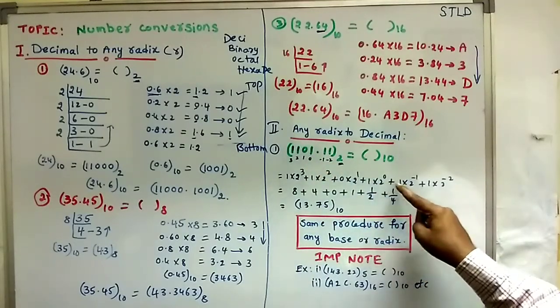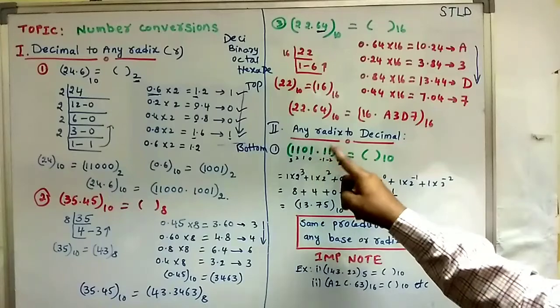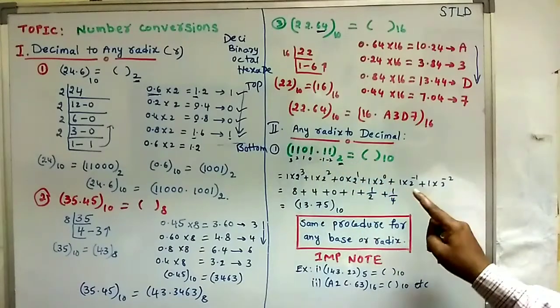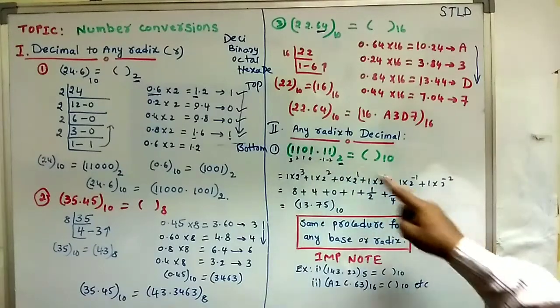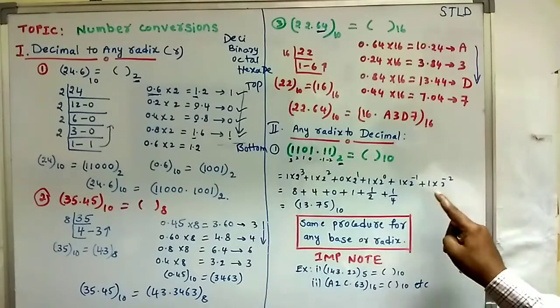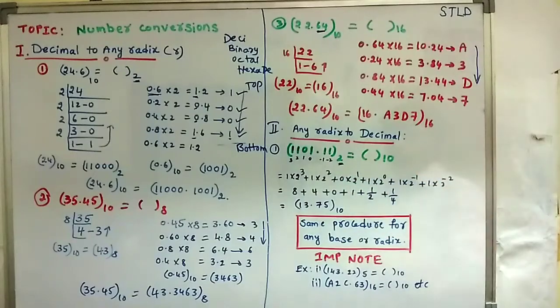Plus again, the fractional part, 1 into 2 power minus 1, plus again 1 into 2 power minus 2. You can write it like that.